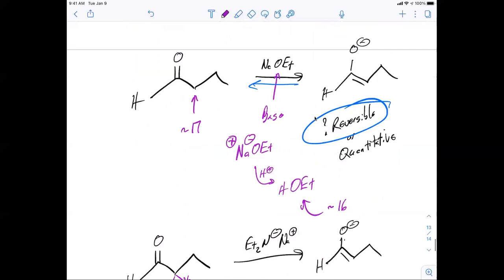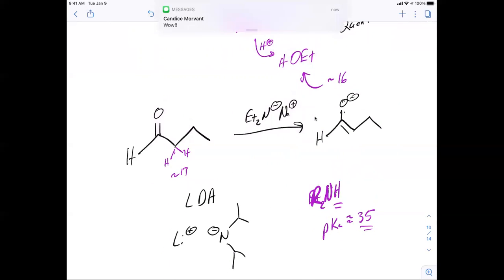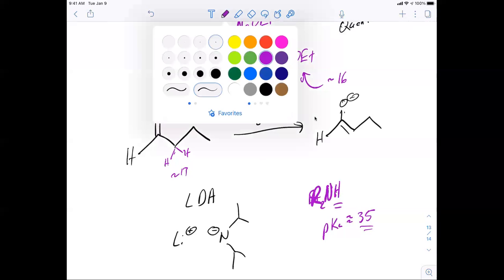Well, what's the difference here? 35 minus 17 is 18. That's 18 orders of magnitude. So even if we look at esters or amides, even if I use something like LDA, I'm going to have 5 to 6 orders of magnitude difference. So I've got a big difference. So when I use LDA with amides, I'm going to get a quantitative yield.